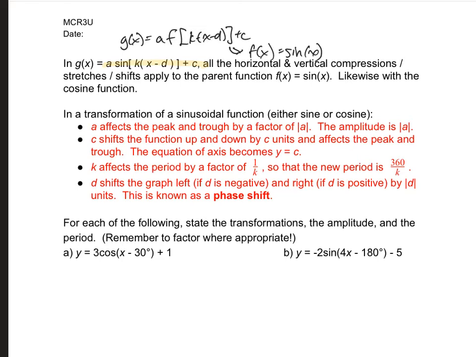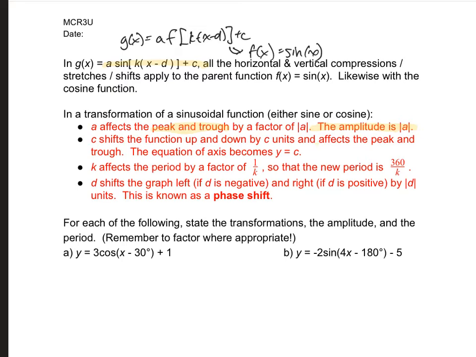So in particular, how does it affect the sinusoidal function? Here A affects the peak and trough. If we're stretching or compressing our graph, obviously our peak or trough is going to come up or down by a factor of absolute value of A. More importantly, recognize that the amplitude of our sinusoidal function is going to be the absolute value of A. C, we're actually moving the entire graph up and down.